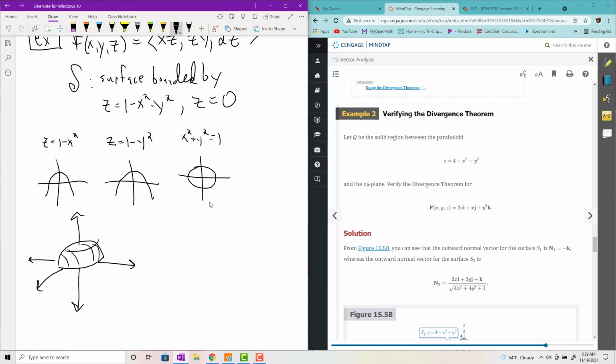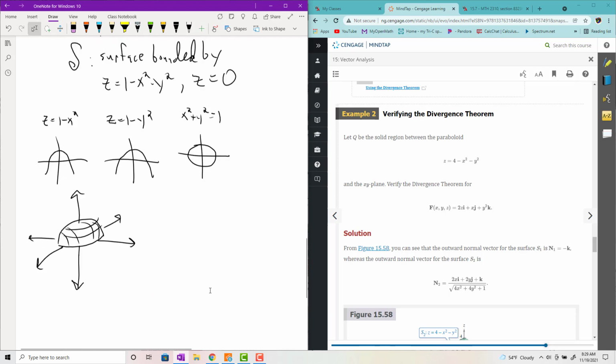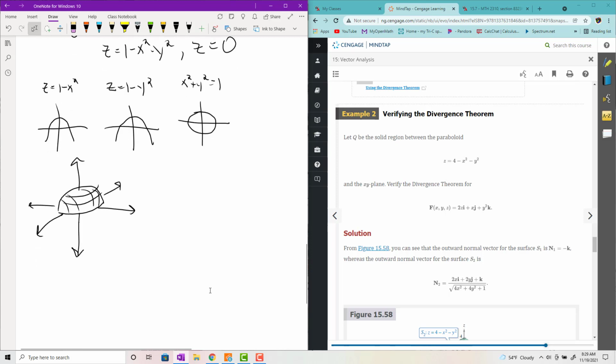There's two surfaces here. There's z equals 1 minus x squared minus y squared, and then there's the xy plane, which is z equals 0. So we need to do the surface integral of the force field on both of those surfaces. We'll make surface 1 the z equals 1 minus x squared minus y squared, and surface 2 will be the bottom, z equals 0.